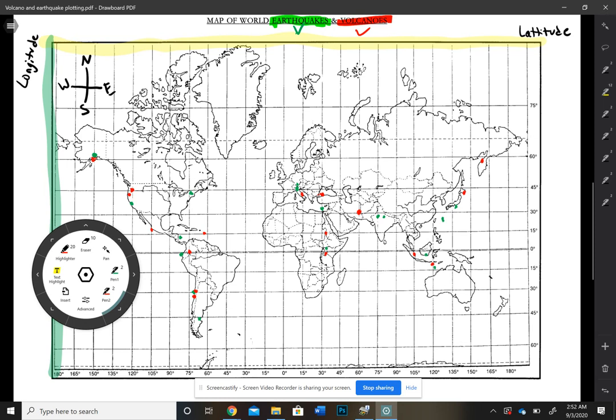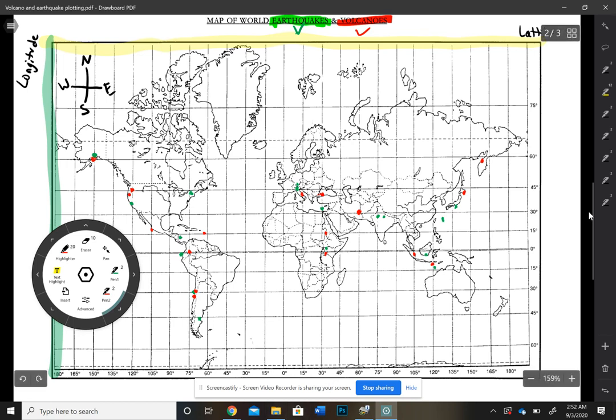Okay, 4. Discuss the distribution of earthquakes and volcanoes in relation to the crustal plates. Are they scattered all over the plates, or is there a pattern? 5. Add arrows to your map showing the direction of the crustal plate movement.